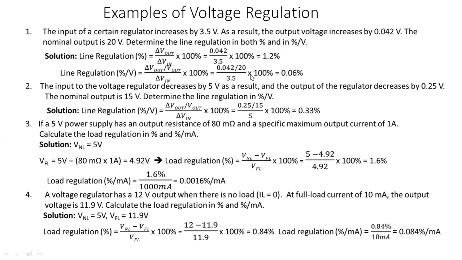So you will get 0.042 upon 20 into 3.5, whole bracket close. If you are writing these things in a bracket, after that you can multiply that value with 100% because we are supposed to find the line regulation in percentage form. So you will get the value 0.06%.